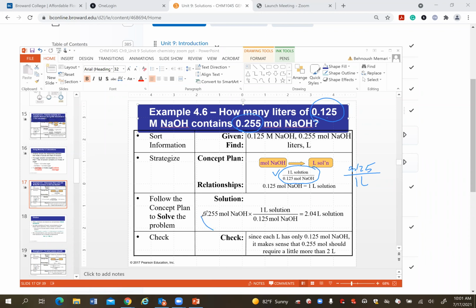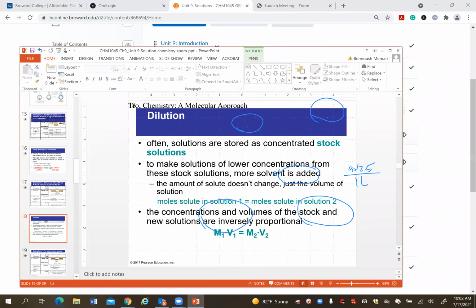So if you have 0.255 mole, you multiply by the conversion factor to change it to the liter. So it does make sense. 0.250 would be exactly 2 liters, and 0.255 is slightly higher than 2 liters.